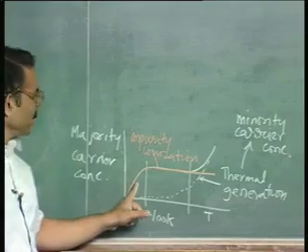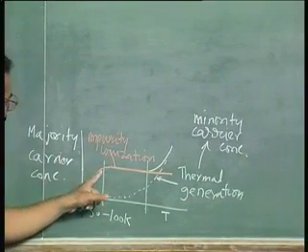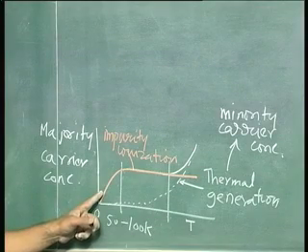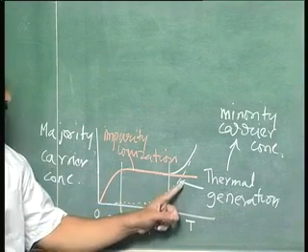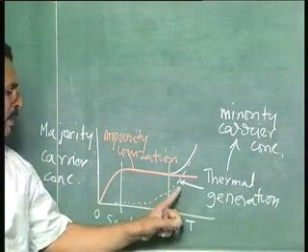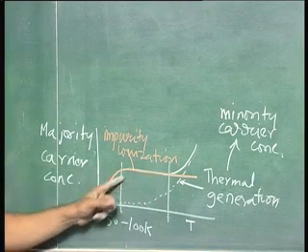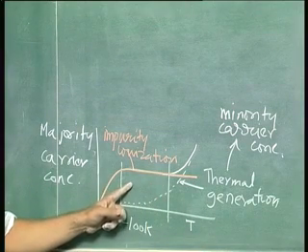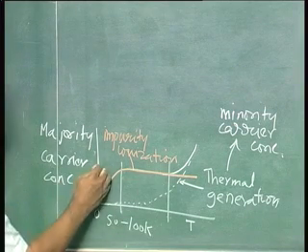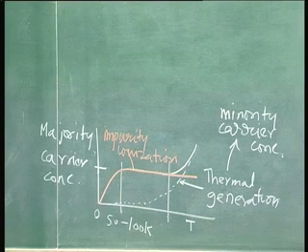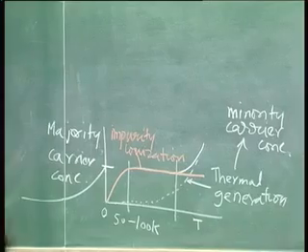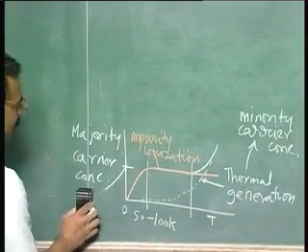If you go to this graph, value of the majority carrier concentration under these conditions, that is low temperatures, that is the range of partial ionization, and at very high temperatures. Okay? In this range we can derive the expression for majority carrier concentration. That is very simple, because all impurities are ionized. Here the majority carrier concentration is same as the impurity concentration. So I will redraw this graph very clearly.